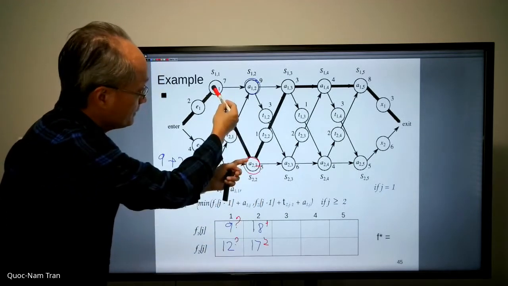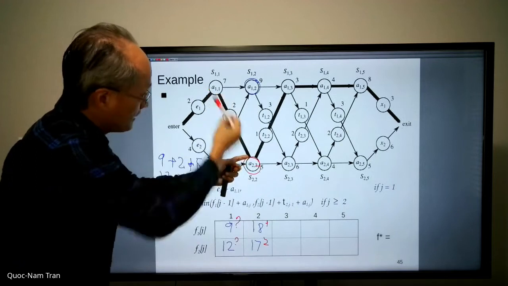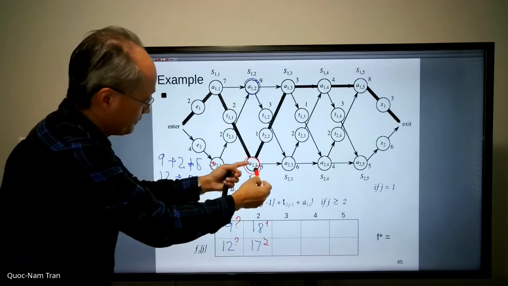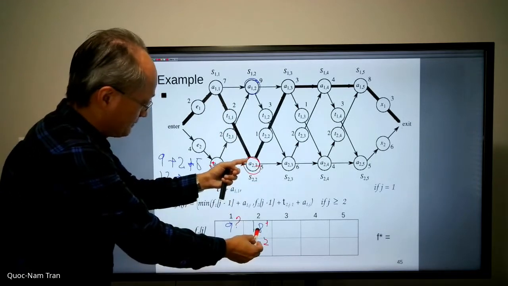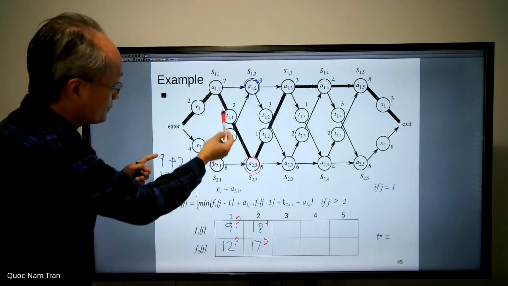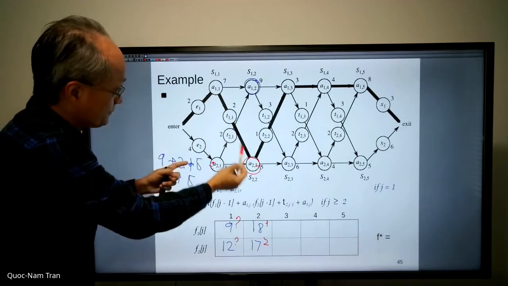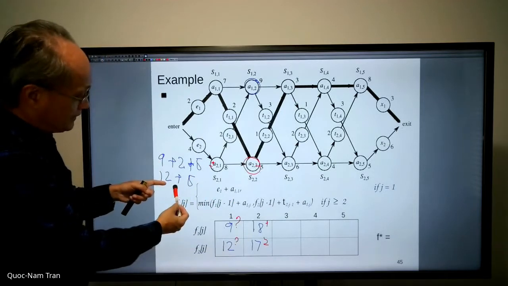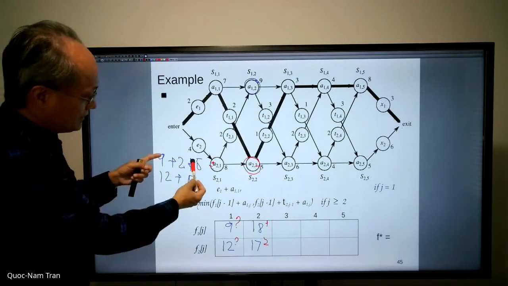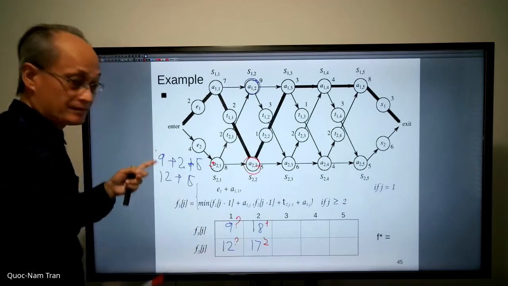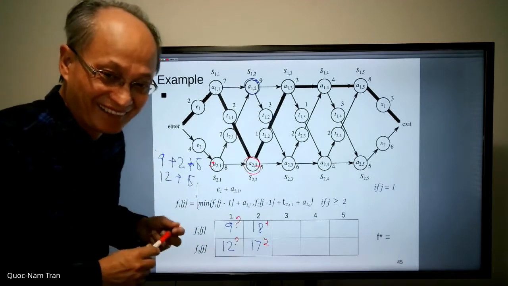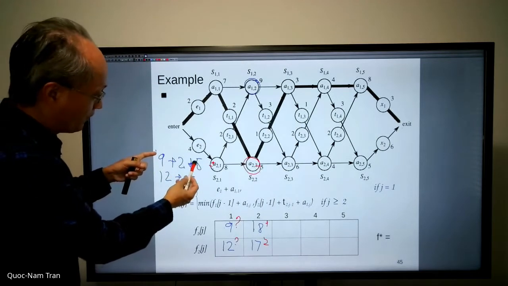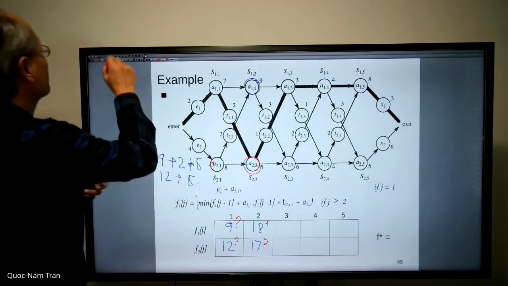Or from f1,1, which is 9 plus 2 plus 5, which is 16. So it's smaller than the other one, and we have to pick the smaller value.